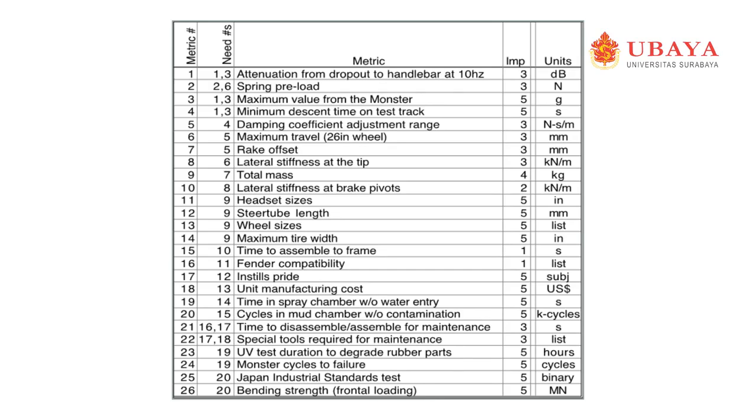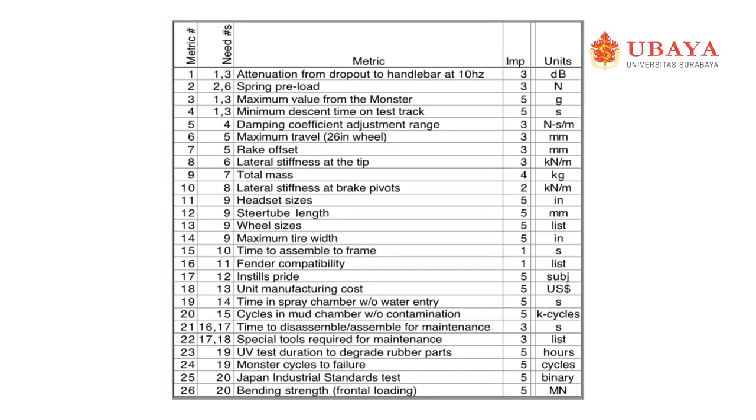It doesn't mean that the number of needs is the same as the number of metrics. We have 20 needs, but that doesn't mean the number of metrics will be 20. It can be less than 20, or more than 20. So we have 26. But the most important thing is the connections between metrics and needs. So let's take a look.